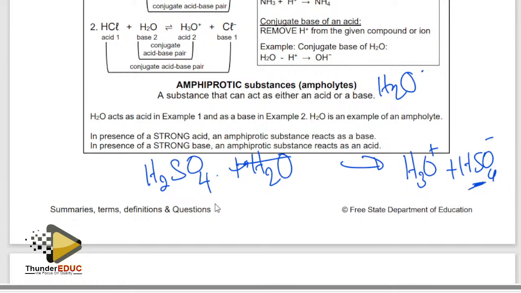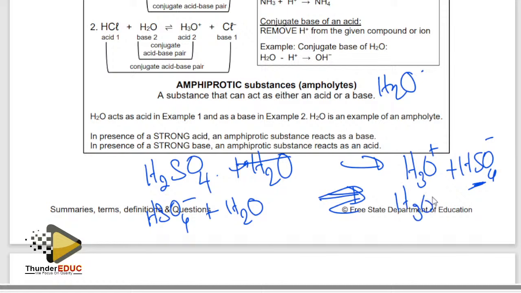So you have to know which one, because now if I bring it here like that, and then I add water here, I form the hydronium ion again plus sulfate.